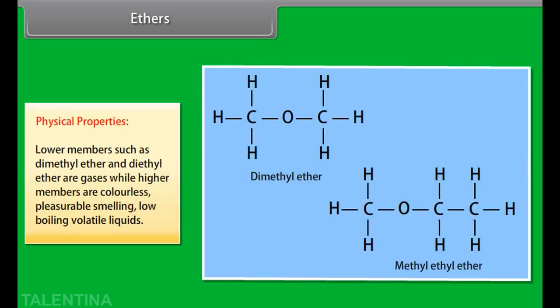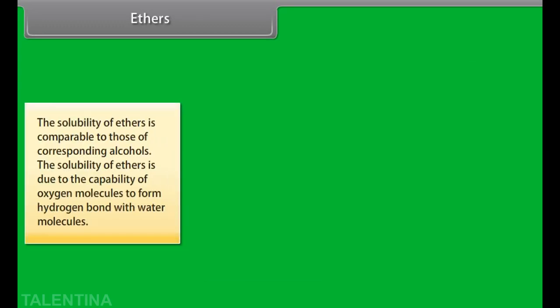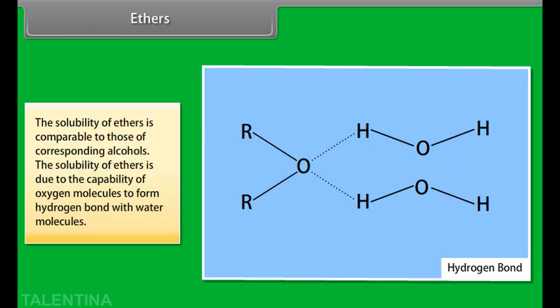Physical properties. Lower members such as dimethyl ether and diethyl ether are gases, while higher members are colorless, pleasant smelling, low boiling volatile liquids. The solubility of ethers is comparable to that of the corresponding alcohols.